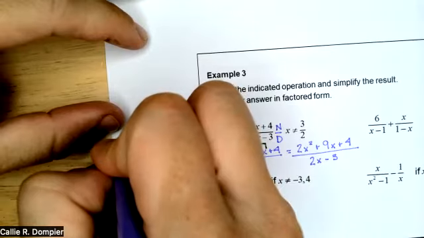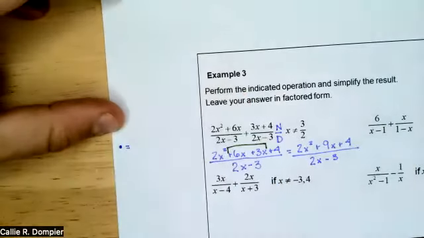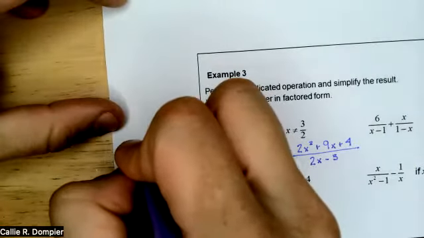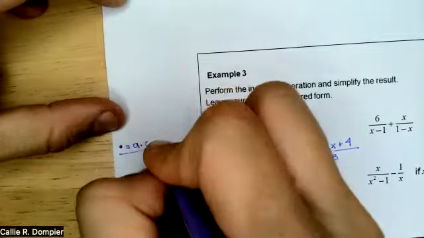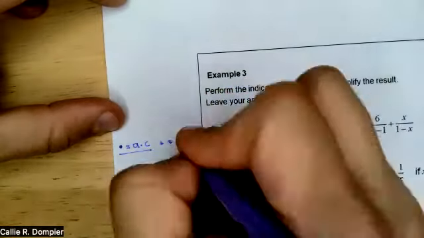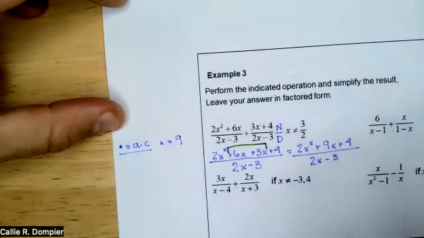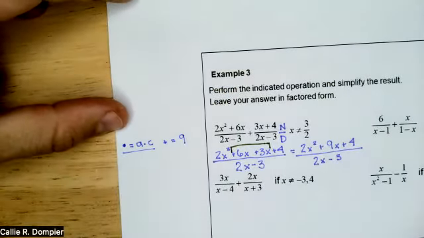So it needs to multiply to equal a times c, and it needs to add to equal 9. A times c is 2 times 4, which is 8, right?